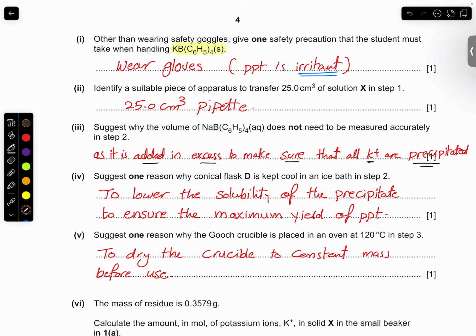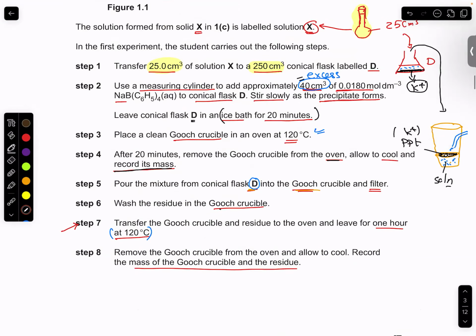Give just one reason why the conical flask D is kept cool in an ice bath in step 2. We use an ice bath in step 2 to decrease the solubility of the precipitate, because if you leave the temperature high, maybe some of the precipitate will dissolve, right? Because you know that the solubility of most solids increases with temperature.